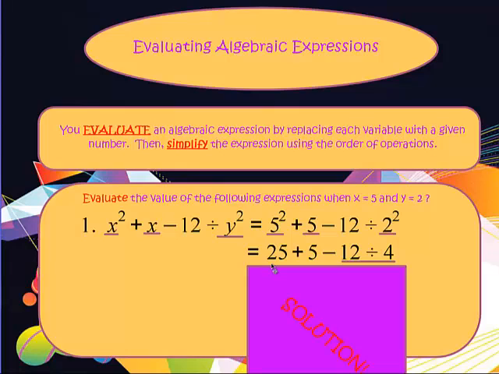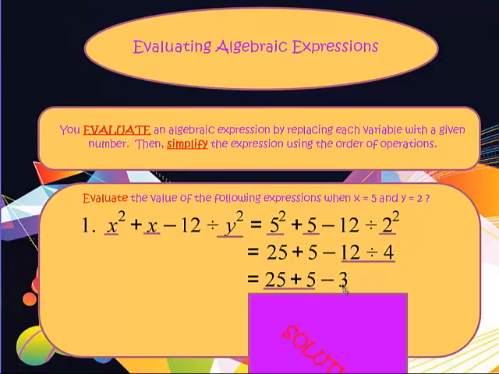The next thing I want to look for is any multiplying or dividing that's going on, starting from the left and moving across to the right. So as I scan across here from left to right, I don't have any multiplying or dividing until I get to here. And this is negative 12 divided by 4. So what I want to do here is divide this negative 12 by 4, and I get negative 3.